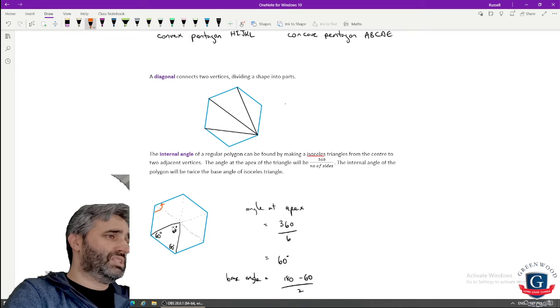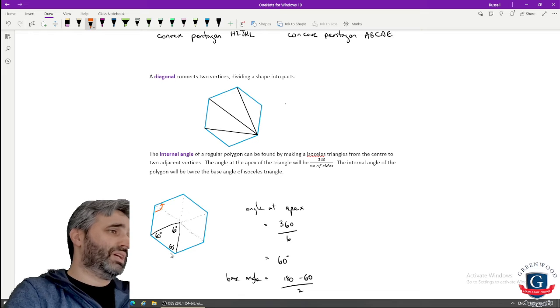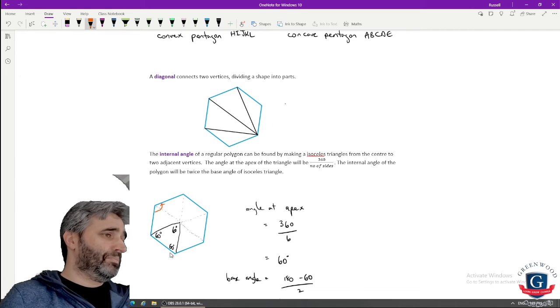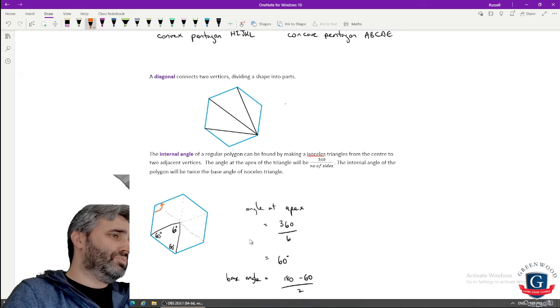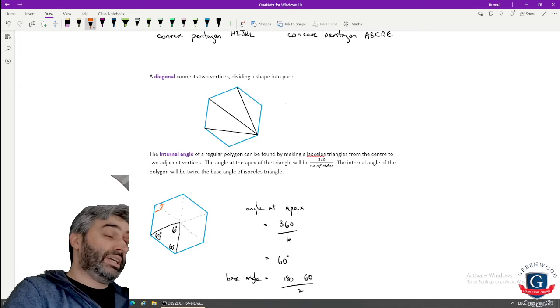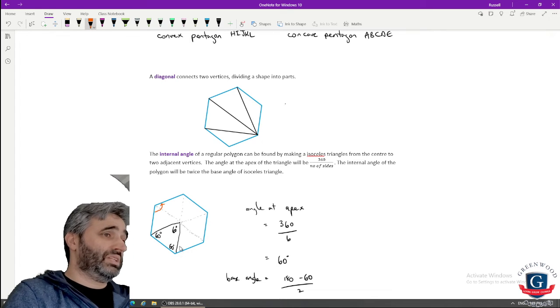If we've used up 60 degrees of this triangle up here, we have 120 degrees to divide between the two base angles of the isosceles triangle formed, which would mean that each one has to be 60. And if we want the internal angle of the hexagon, it's this one plus the adjacent angle here of the adjacent triangle. That'd be 60 plus another 60, which is 120 degrees.